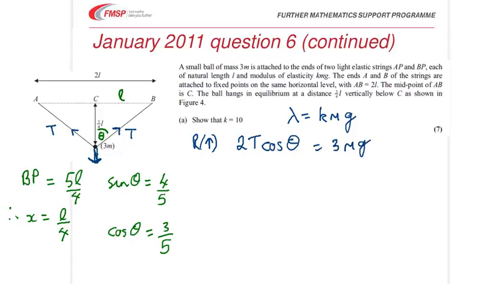Putting cos theta in, we get 2T times 3/5 equals 3mg, giving T equals 15mg over 6, or 5mg over 2.